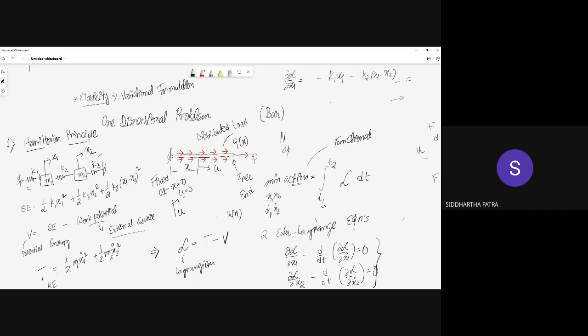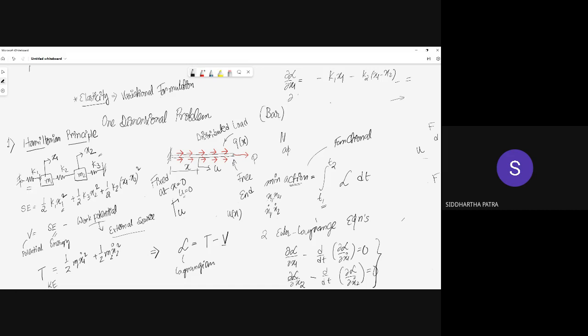Okay, because L is T minus V, so del L del x1 is minus del V. See, x1 only appears in V, inside the strain energy. So it is essentially del V del x1 with a negative sign because it is minus V right here.